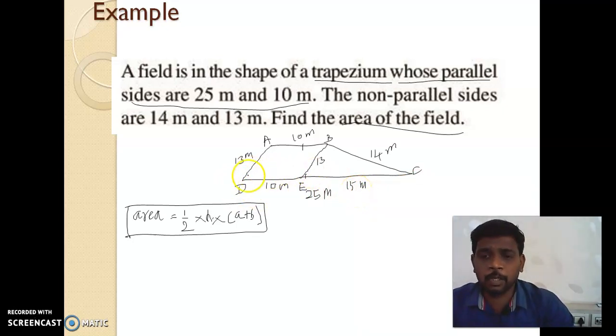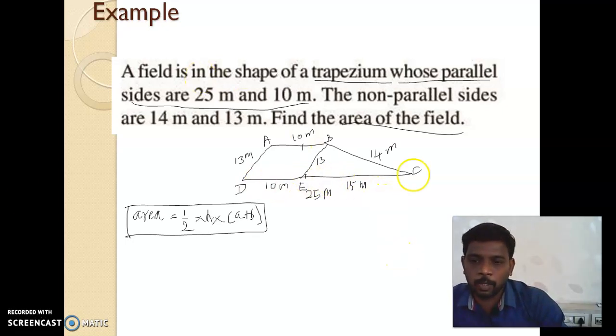Now we got one triangle, that is BEC. Opposite sides are equal and parallel, here also opposite sides are equal and parallel. Therefore ABED is nothing but a parallelogram. So now this diagram is a combination of a parallelogram and a triangle.